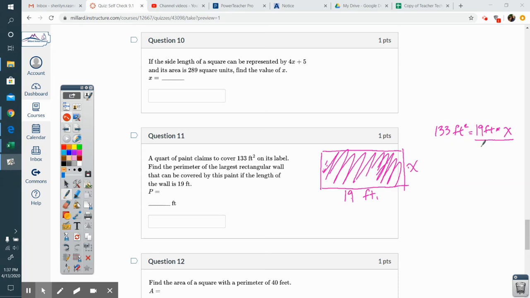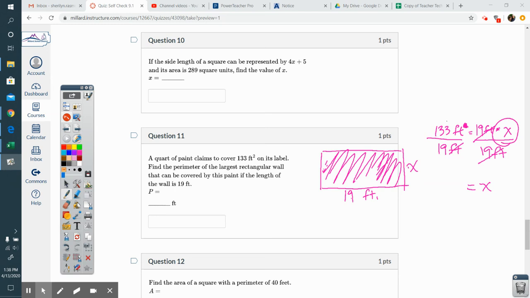So divide this side by 19 feet, divide this side by 19 feet. The 19 feet cancel here, leaving me with x. And feet cancels with one of the squares, so it's left with feet here.